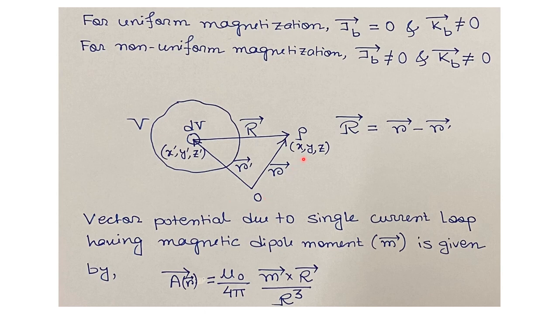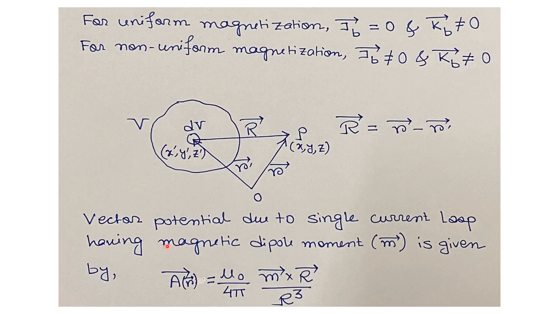And we'll consider another external point P which has the coordinates x, y, z. So from the volume element, the external point P will have position vector R, which is basically the vector r minus the vector r'.